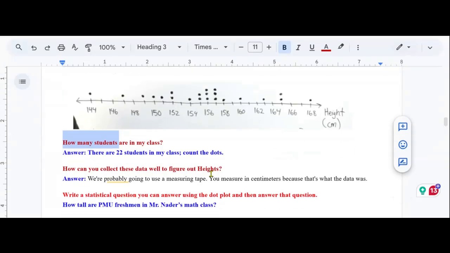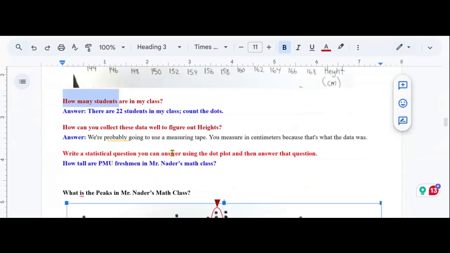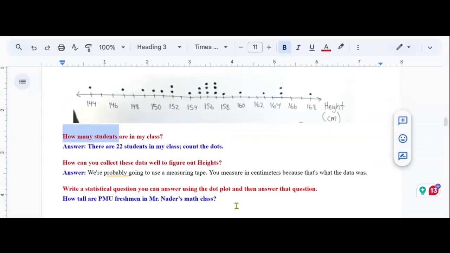All right. Write a statistical question you can answer using the dot plot, and then answer that question. What will the question be? How tall are the freshmen in Mr. Nader's math class? If we are not freshmen, you can change it.